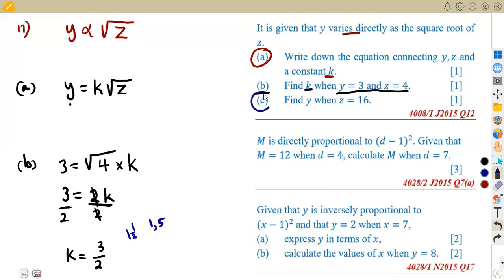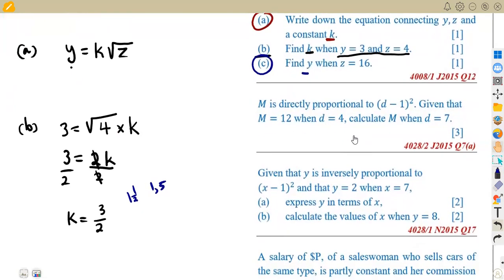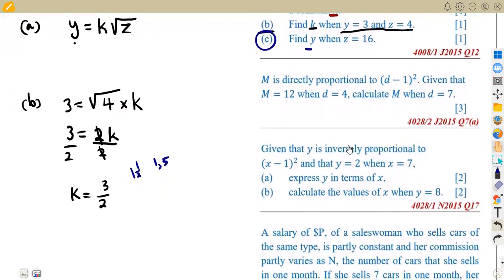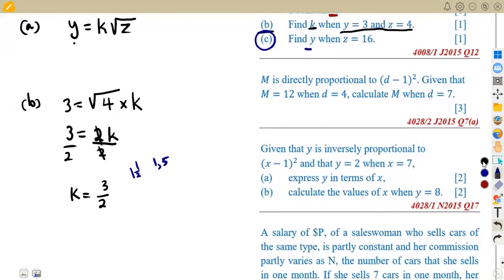So now we can find C, the C part: find Y, given that Z is 16. We know we are supposed to have this K as part of our question, but on item B it was only to find the value of K. You are supposed to end at this stage, finding the value of K. Now, in order for you to have Y, that's where you need the value of K, because this equation is connected with the constant K that we had before.